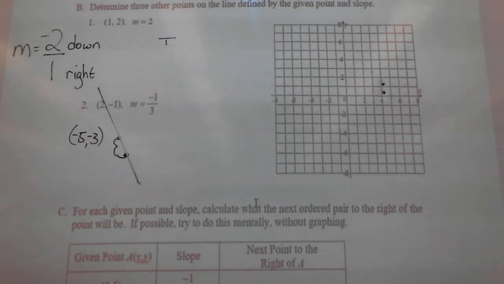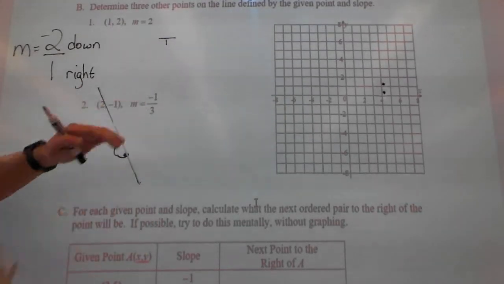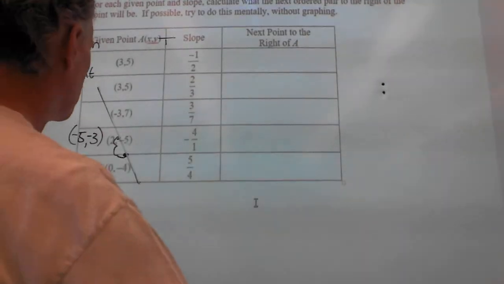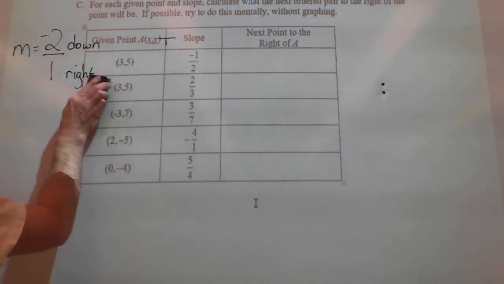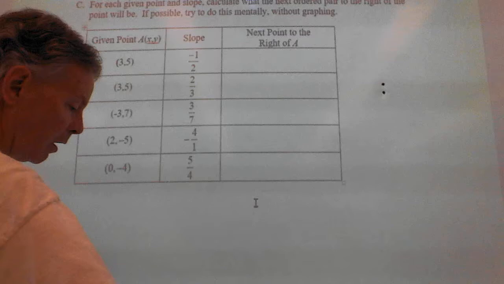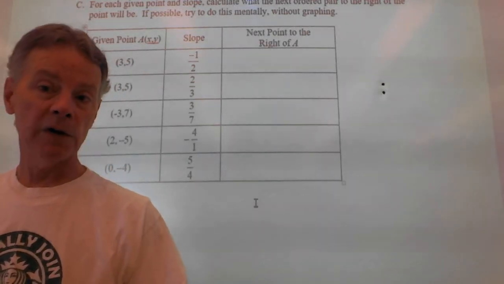This is just more of the same, okay? Where you're given a point and the slope, and you have to plot it. Now, you don't even really need a grid. All you need to remember is what the numbers in the slope mean.